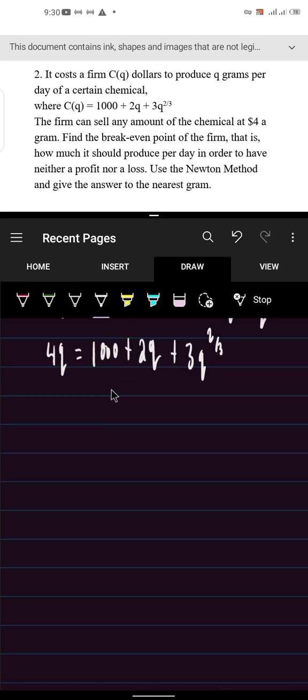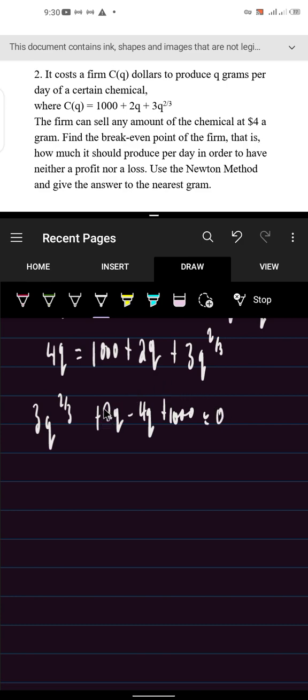we take everything on one side of the equation. We see that we're going to have 3q to the 2/3 plus 2q minus 4q plus 1,000 equals 0.